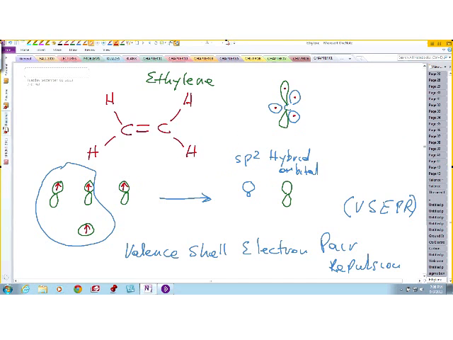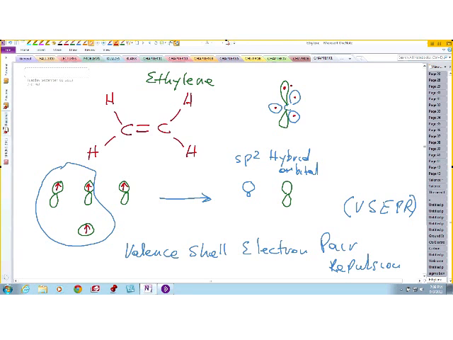And the last electron will be in the p orbital right here. The sp2 hybridized orbitals are in a planar orientation with regard to the nucleus of the carbon atom. Now the p orbital is just perpendicular to them.